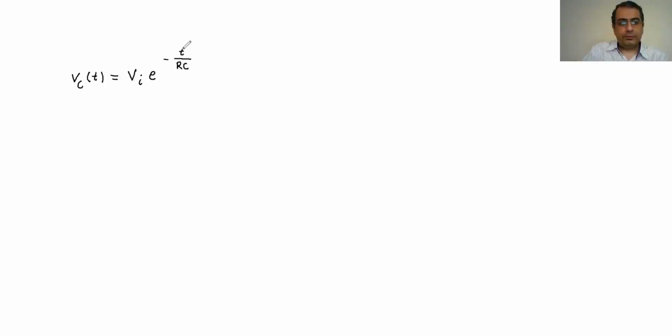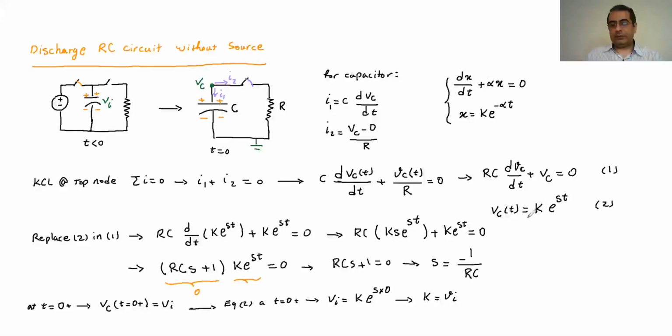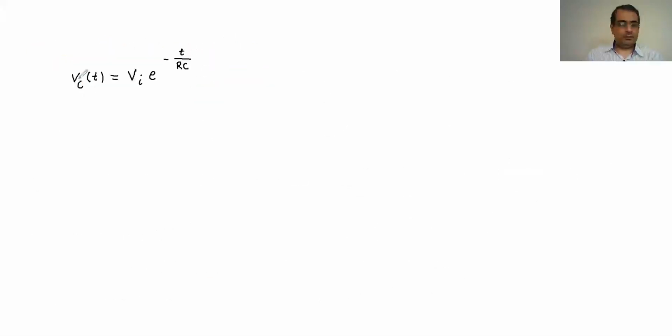If I substitute K and S in the previous one, the S is negative 1 over RC and the K is VI. This is what I'm going to get. This is going to be my equation.